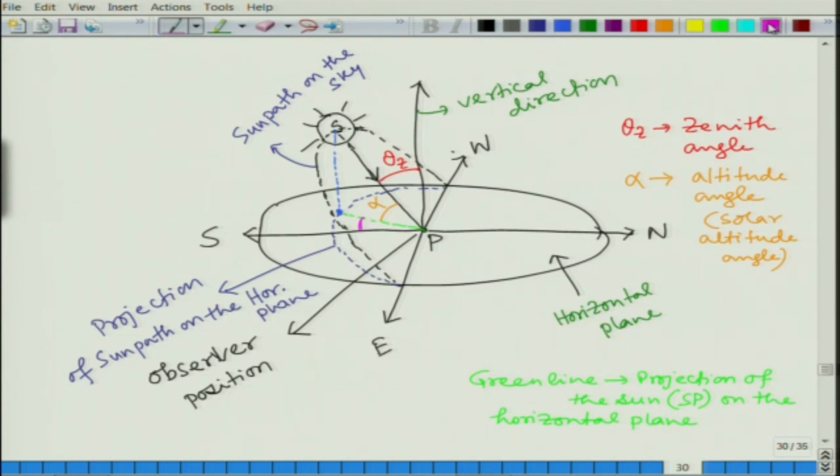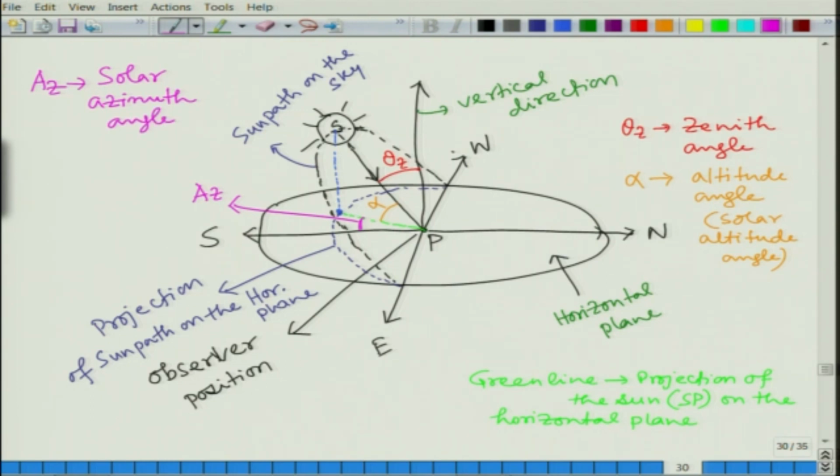Now, this angle we call AZ, the solar azimuth angle. Why is it called the solar azimuth angle?